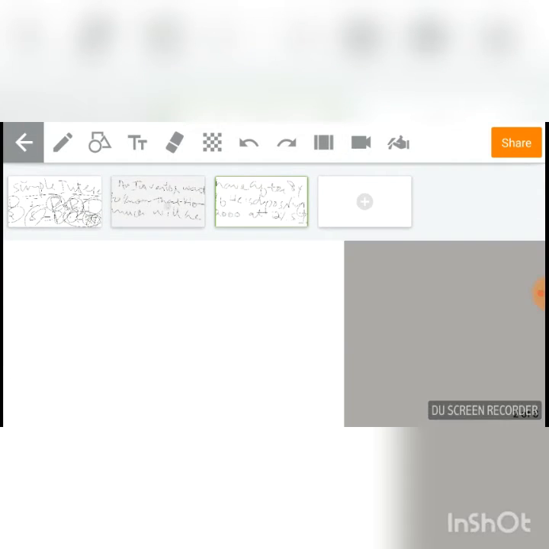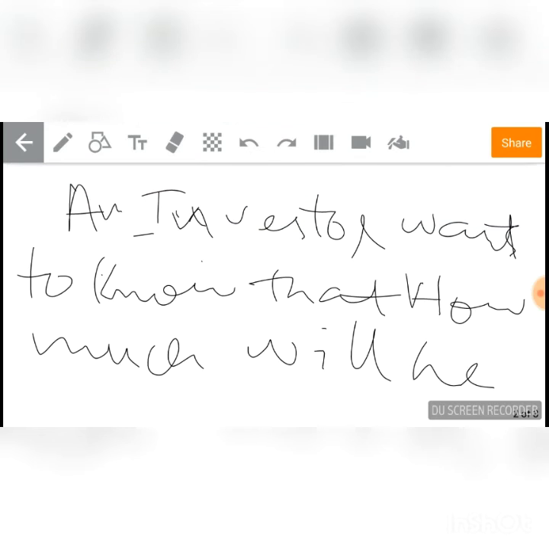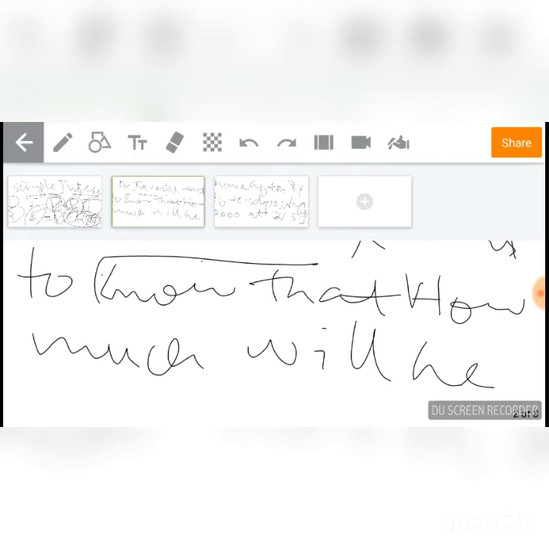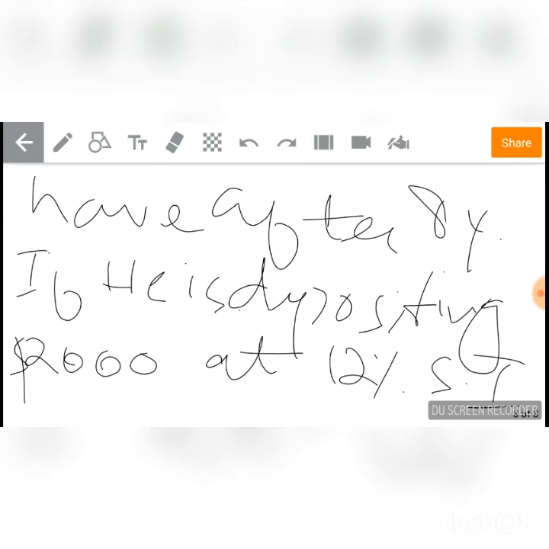Let me just revise the question. The question is: an investor wants to know how much he will have after 8 years, where Y denotes the year, if he is depositing $2,000 at 12% simple interest.